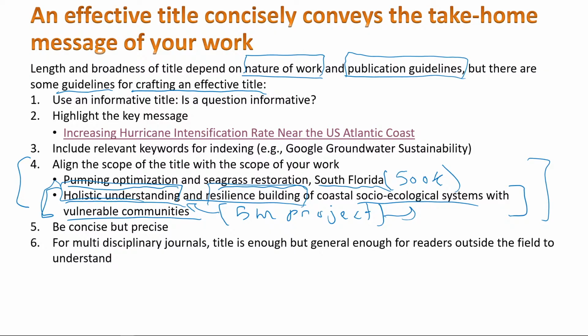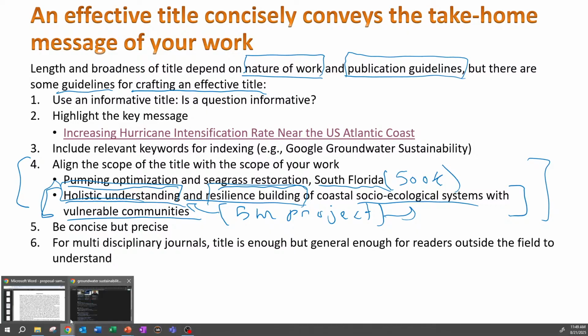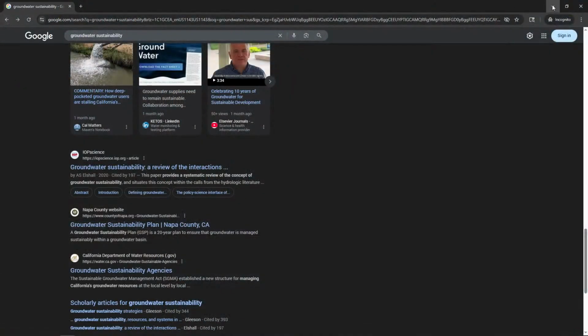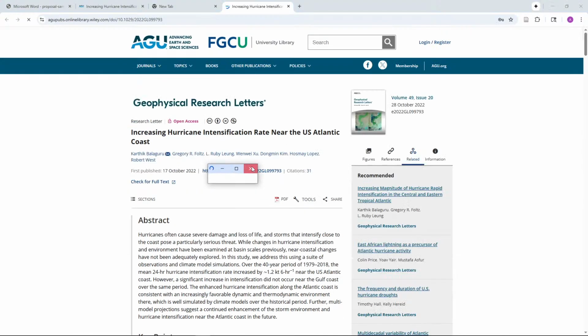For multidisciplinary journals like this one, for example, the ones that I just showed you, like this one, this is a kind of multidisciplinary journal, because this is for all geoscience research, not specifically related to water or bioscience or geophysics or geology or whatever, but it's a multidisciplinary journal.